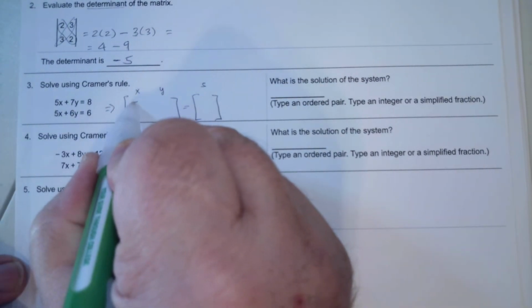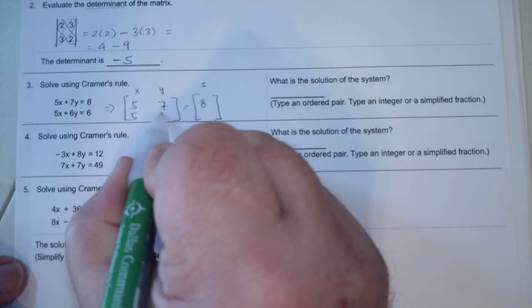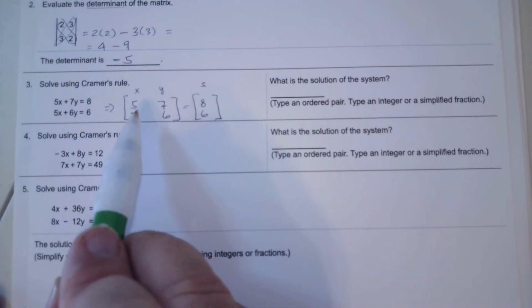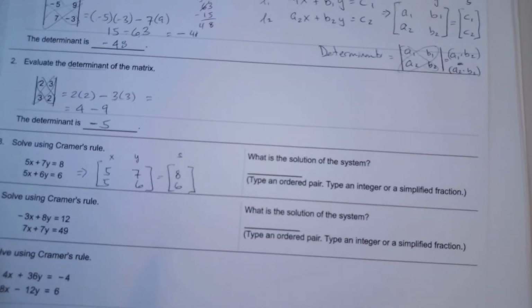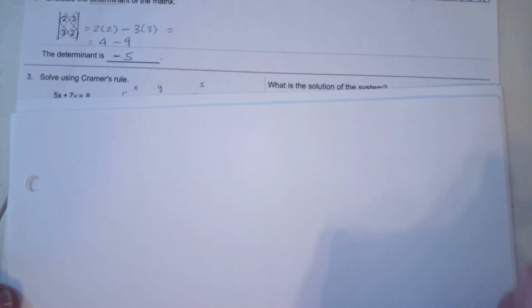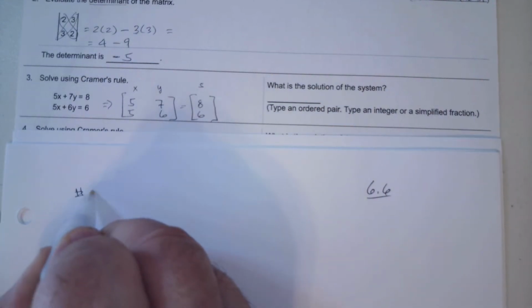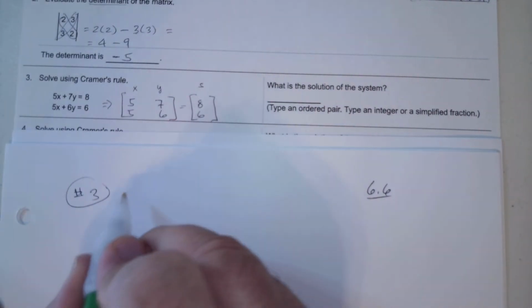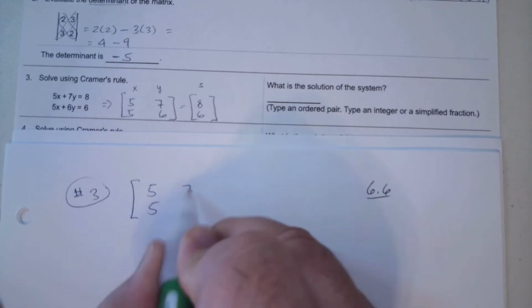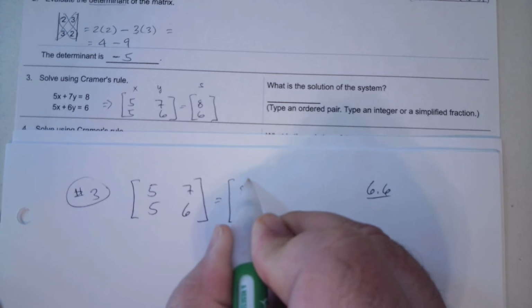So the coefficients of x are 5, 7, and the solutions are 8, 6. So we have the matrix 5, 5, 7, 6, and the solutions are 8 and 6.